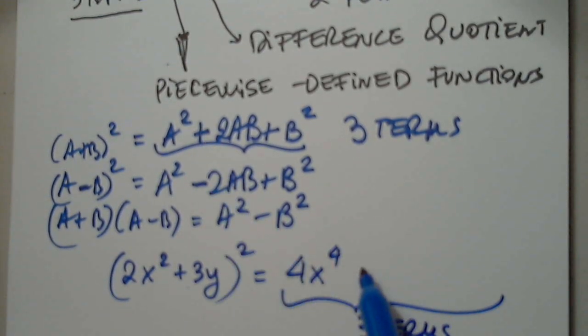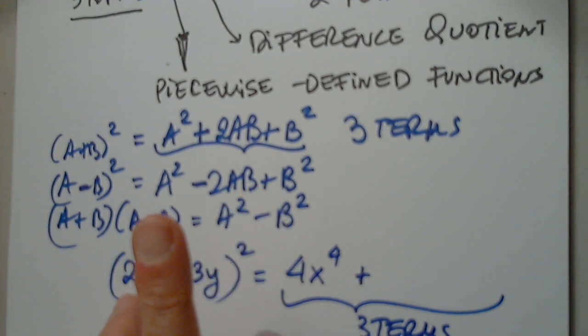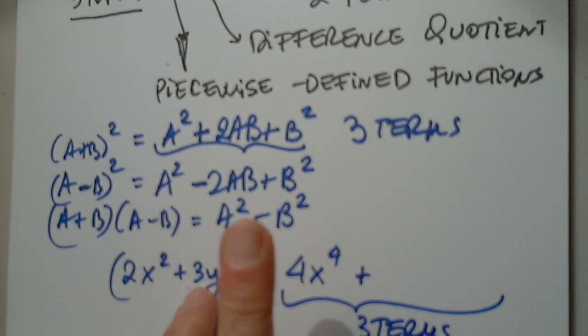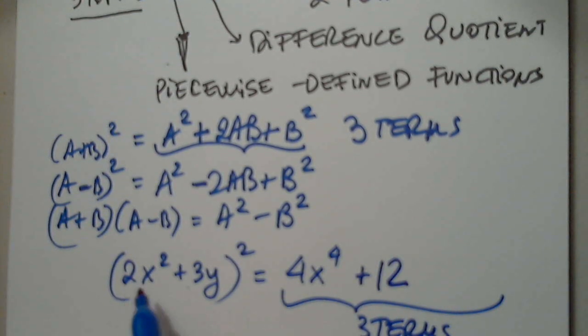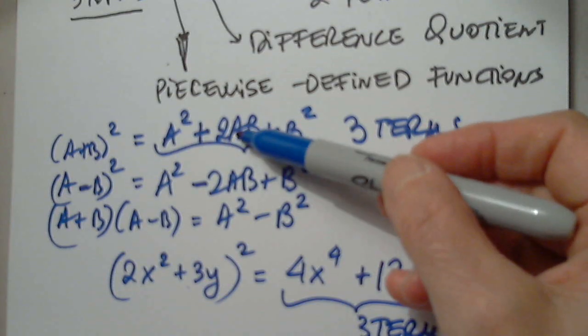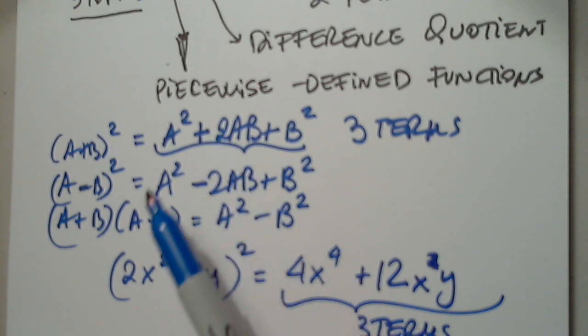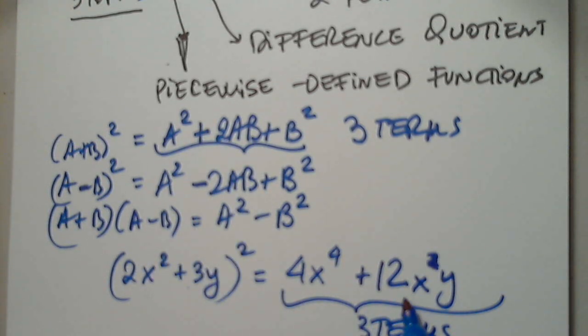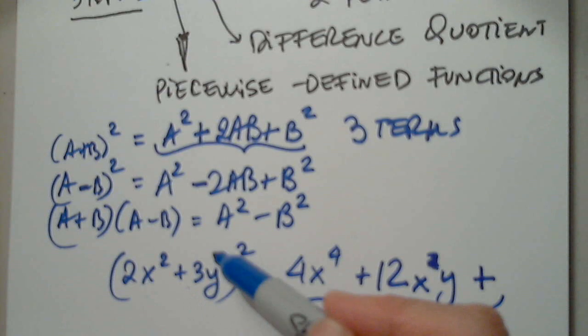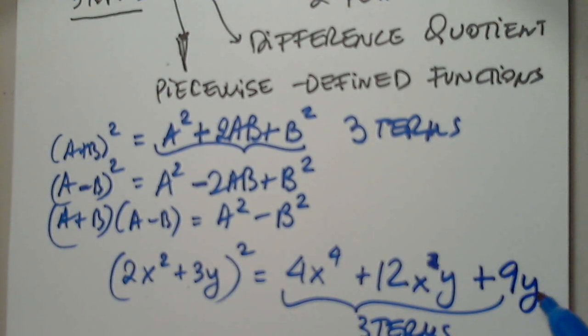I have to write plus, because this is plus, 2 times 2 is 4, times 3 is 12, x squared y, because this is 2 times the first times the second. 2 times 2x squared times 3y. 2 times 2 times 3 is 12, times x squared times y. And then the last one, plus the second term squared. When I square 3y, I get 9y squared.